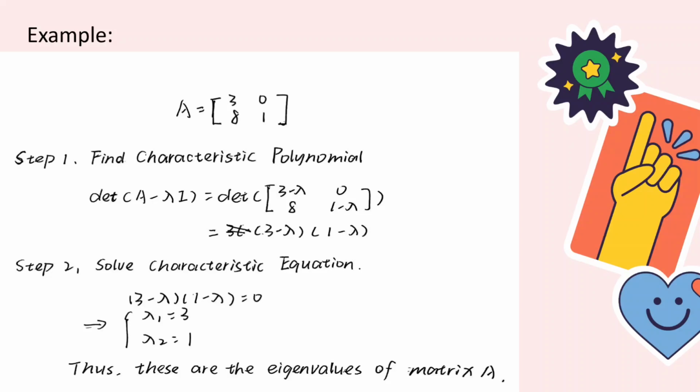When this equation equals 0, it gives us two eigenvalues: lambda is equal to 3 and the other is 1. These are the values for which the matrix A stretches vectors in a single direction.